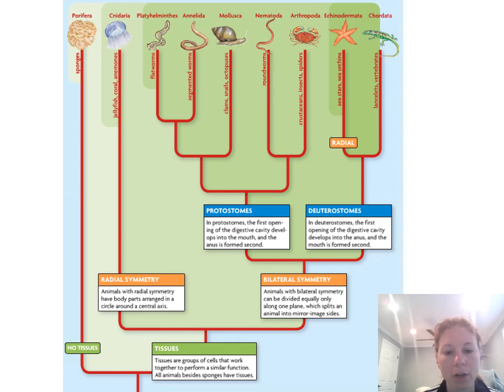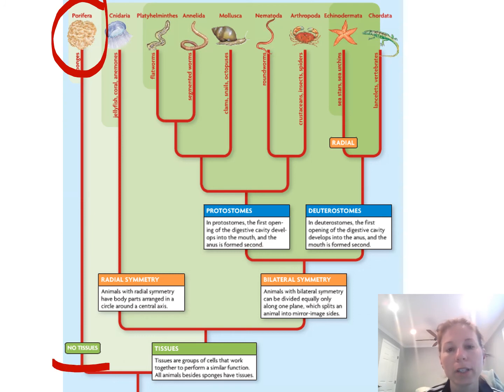And the reason why we've gone over all these terms is so that you understand the phylogeny of animals. So let me get my pen out. The first thing we'll do is we'll look at sponges. They're asymmetrical, and they don't have any tissues.